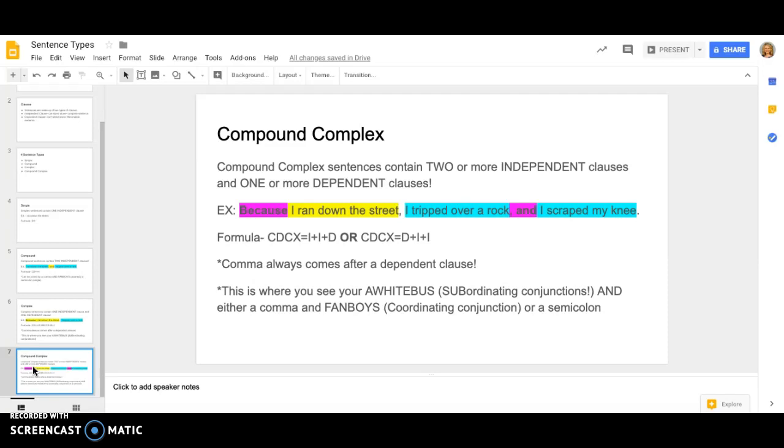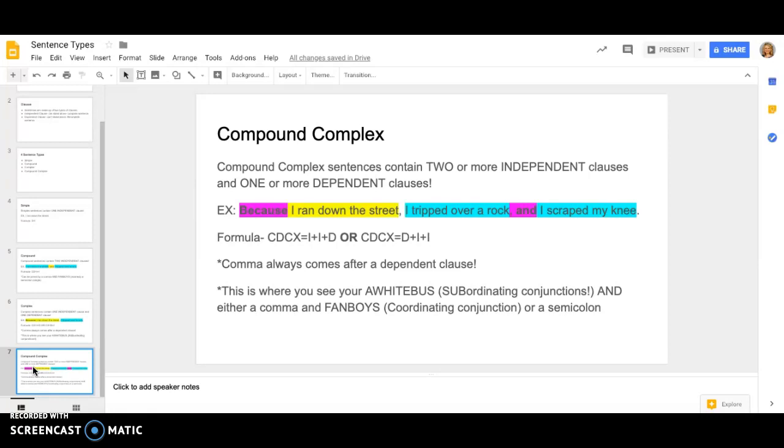So your formula for compound complex is I plus D or D plus I plus I. And every now and then you can have I plus D plus I, but it is very uncommon. When you have a dependent clause, remember commas always come after the dependent clauses. Same thing as before. Because I ran down the street, that's a dependent clause, and then I see a comma.